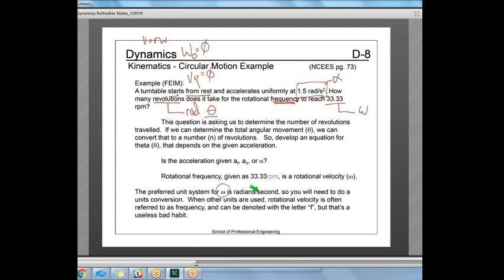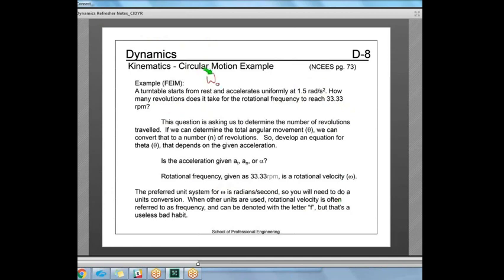But we don't have to do that. They've already given us the omega. The rest of this slide asks basically all the questions we've just answered. And a reminder here at the bottom, the preferred unit for omega is radians per second, so we are going to have to convert that. It's not optional with radians. You have to convert it before you can use it.